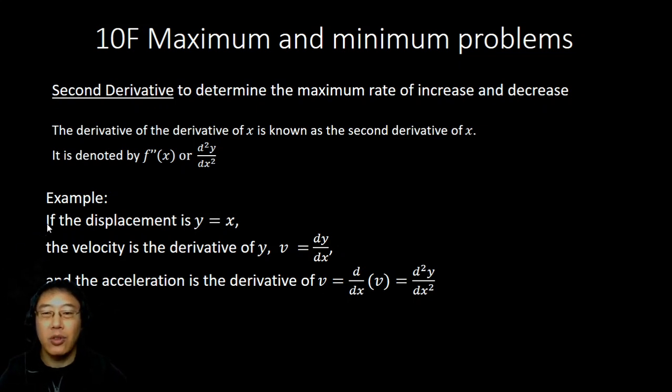So, in terms of language and definition, we define y as the displacement, the velocity is dy over dx, and the acceleration is the derivative of v, the velocity, so it's dv over dx, or d squared y over dx squared.